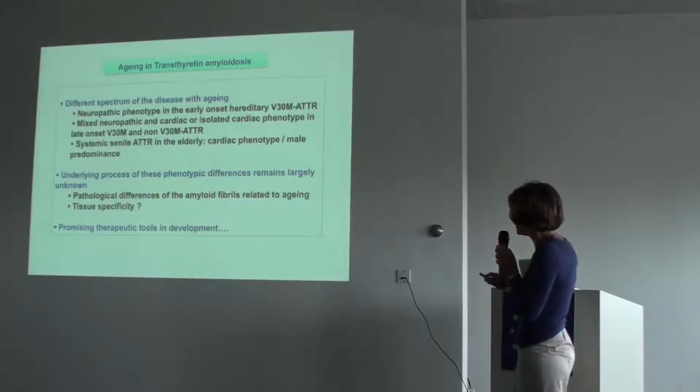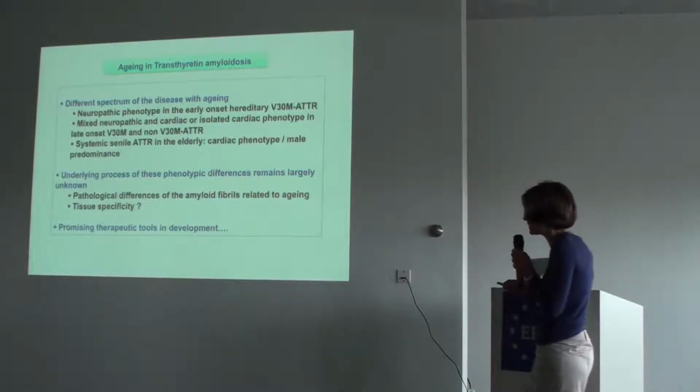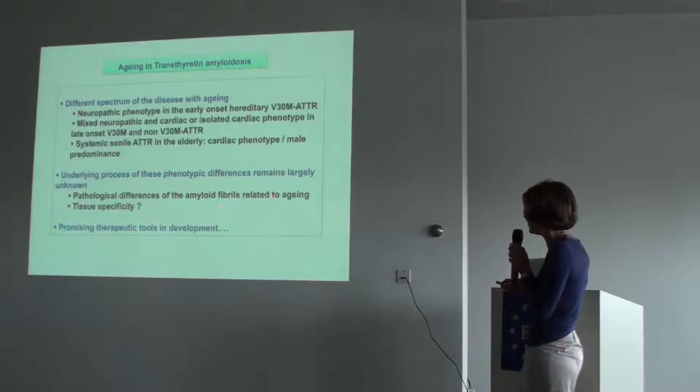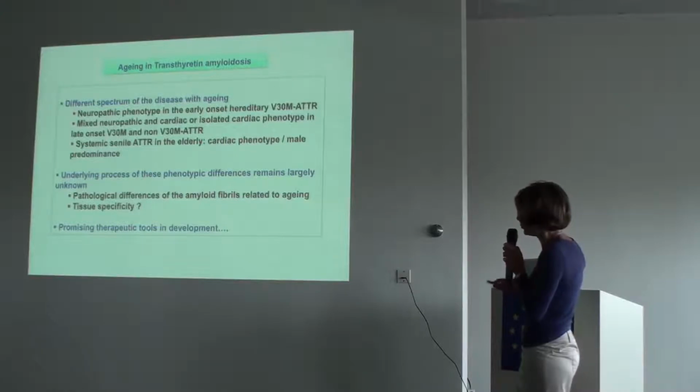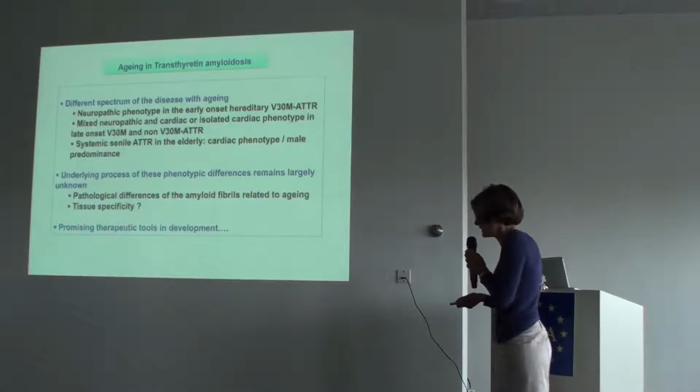We don't know what the underlying process of these phenotypic differences is. There are some differences in the amyloid fibrils related to aging, and certainly there is a huge amount of work needed to elucidate those factors and the tissue specificity.